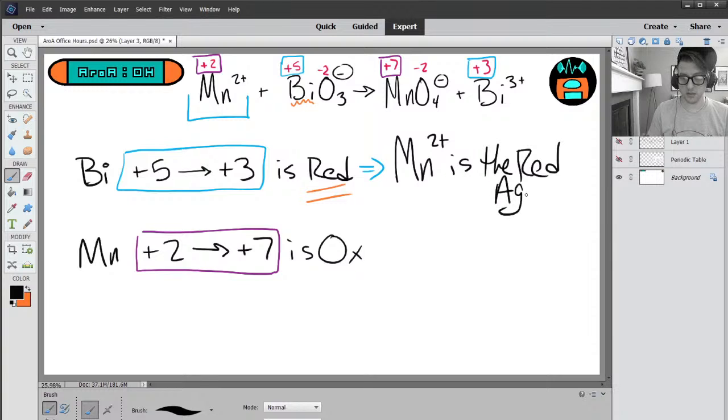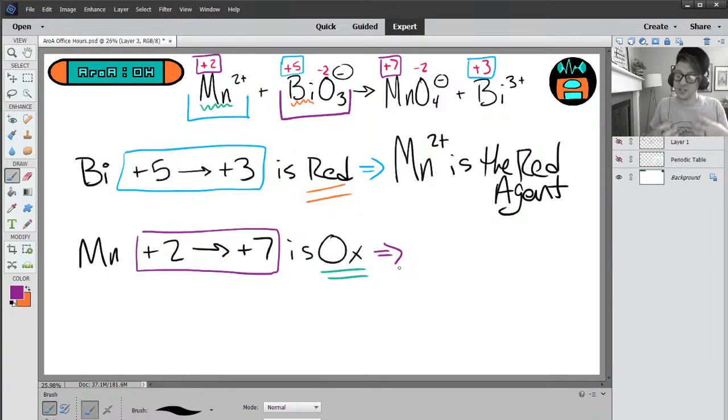All right. We're going to do the same process for manganese. We know that it is oxidized, but what species reacts with manganese causing that oxidation? And the answer is, the reactant is BiO3 with a negative charge.